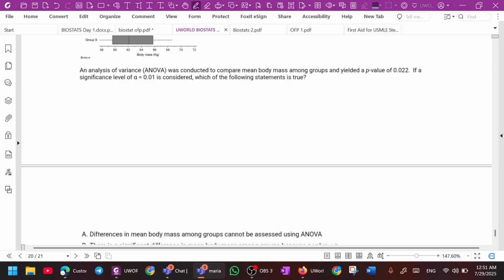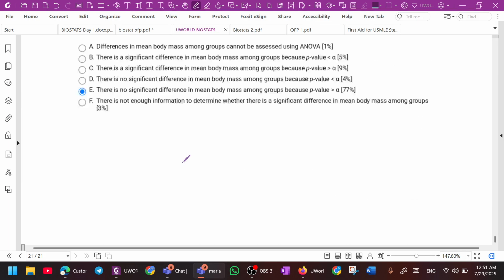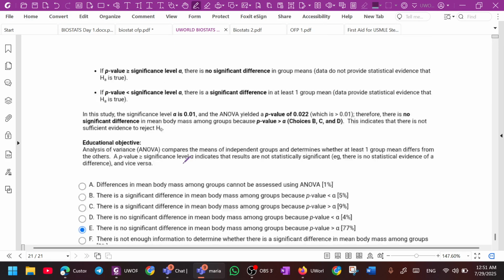You read the answer explanation. Definition. If p-value is more than the significance level, alpha, there is no significant difference in groups.